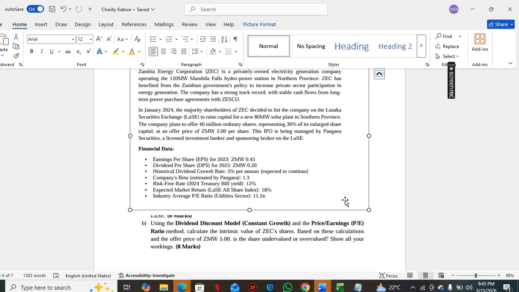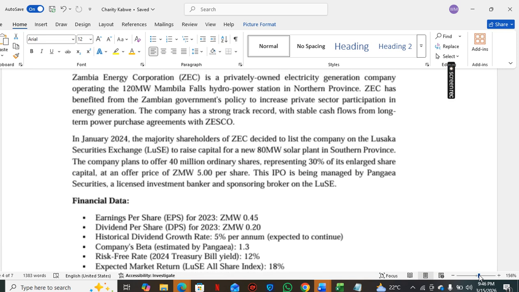Then you compare them with the offer prices to see if the shares have been undervalued or overvalued, and then you'll be able to determine which share price to choose.